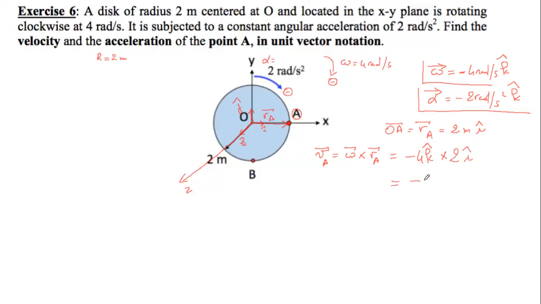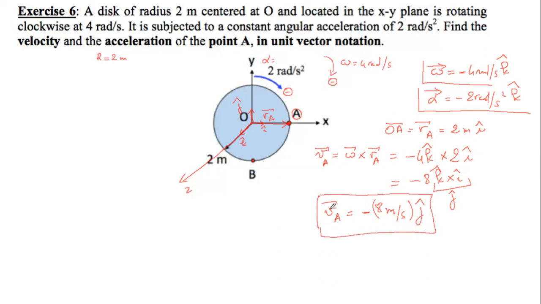This gives me minus 8, and I will have k hat cross i hat. What is k hat cross i hat? This is just j hat. So VA, the velocity I'm looking for, is minus 8. What are the units? Meters per second, because it's a linear velocity. And in which direction? In the minus j hat direction. So this is VA. In one shot, you get VA.